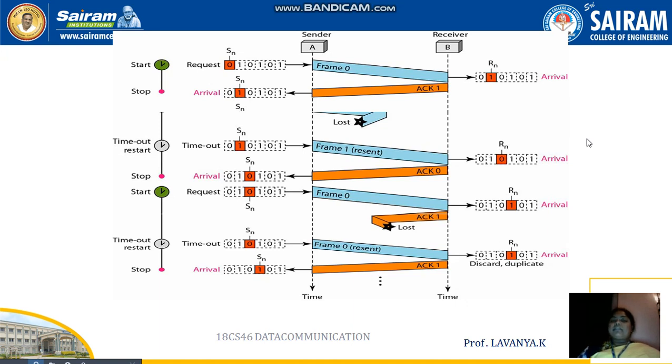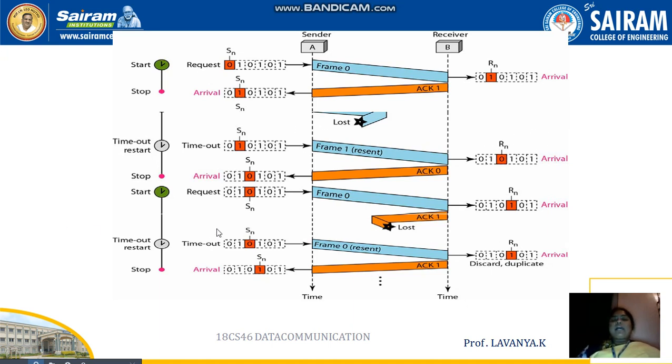So we come to know that something happened in the transaction: there may be a loss of data, a connection problem, or some other problem like that, and during that time we have to stop the transaction. So this is how the stop and wait protocol works.